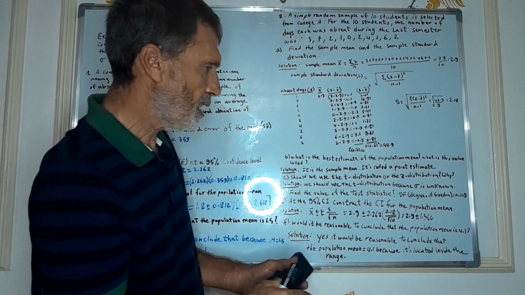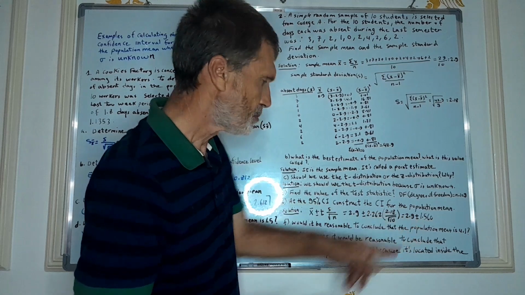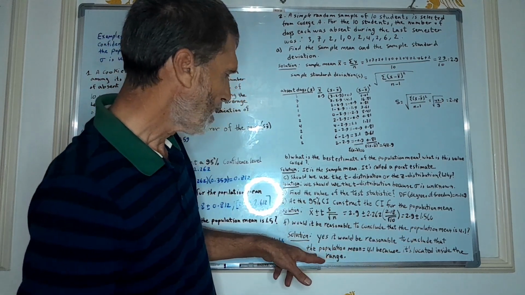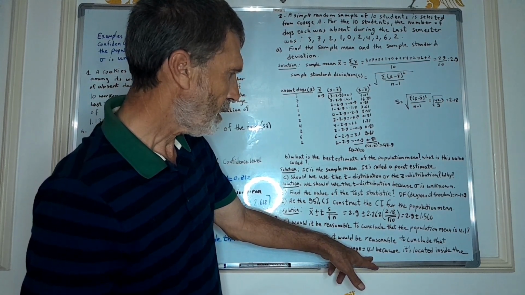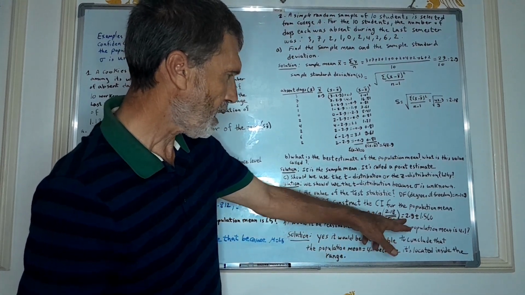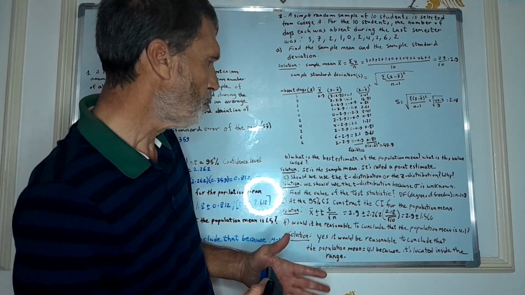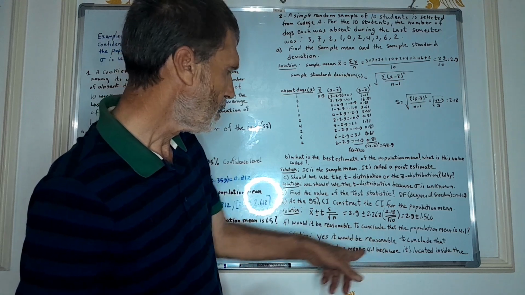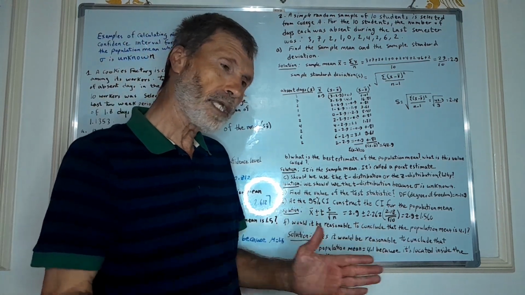So as you can see, 4.1 is within this range. Okay? Yes, it would be reasonable to conclude that the population mean equals 4.1, because it is located inside the range.